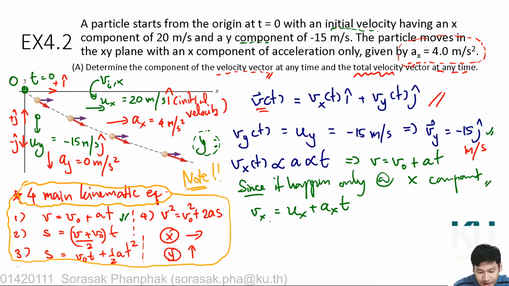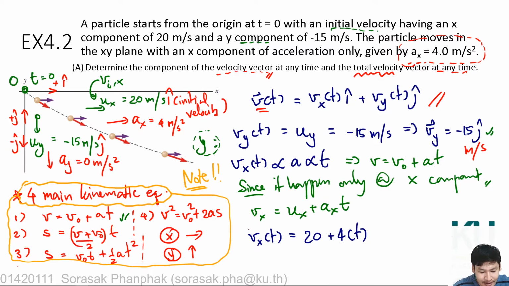Now we would like to finish the x component, so you substitute the vx in. If you would like to find the vx at any time point, it comes from ux, the initial velocity. What is the initial velocity? Here it has the initial velocity as 20. So you get 20 meters per second plus acceleration 4 with the time. So this is your vx(t).